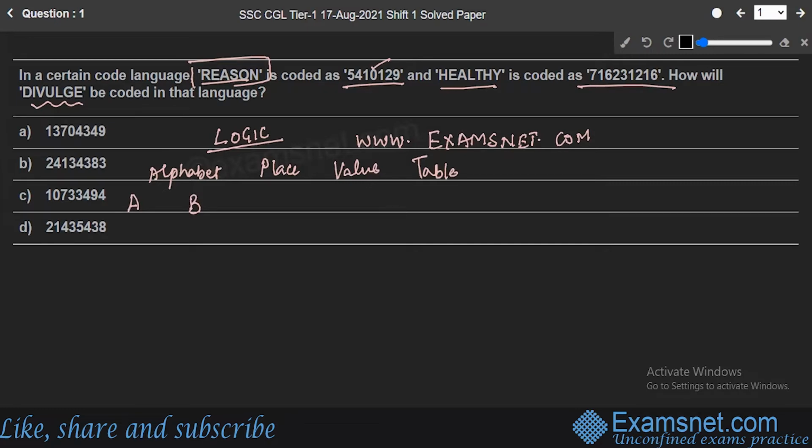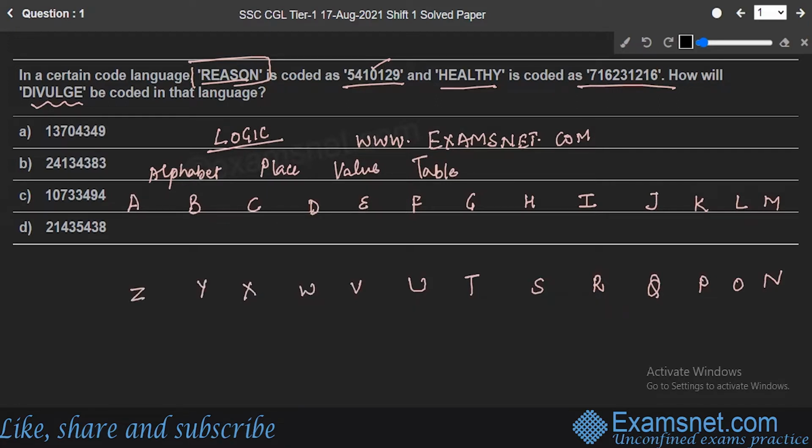So this is A, B, C, D, E, F, G, H, I, J, K, L, M, N, O, P, Q, R, S, T, U, V, W, X, Y, and Z.